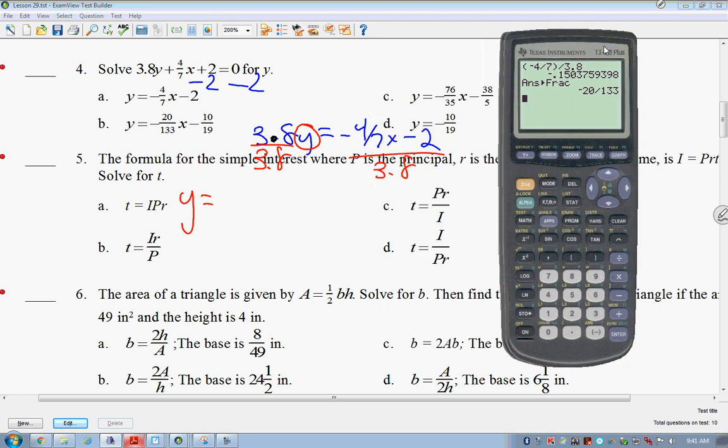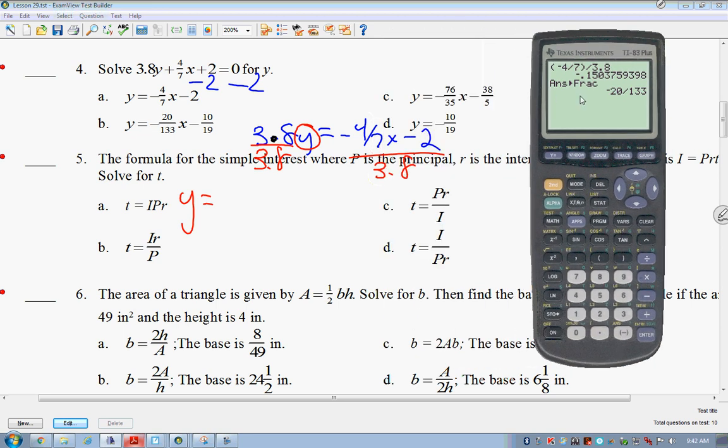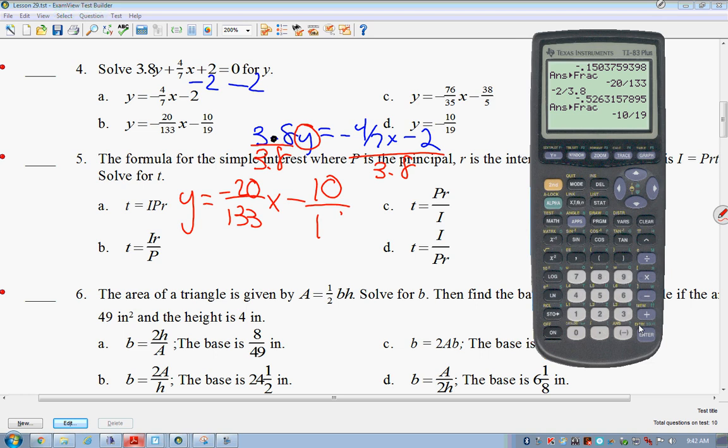That's going to give me -20 over 133 x. And then I've got -2 divided by 3.8. That's a little bit easier to do. Okay, math fraction, minus 10 over 19. Okay, do we follow that?